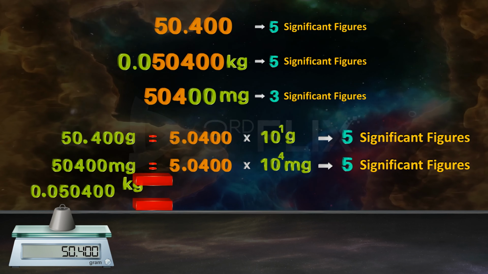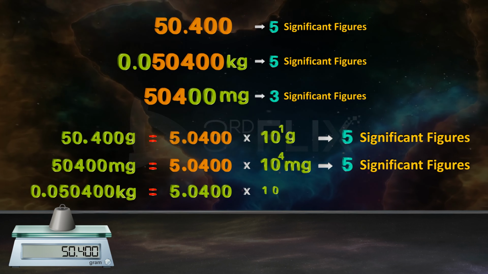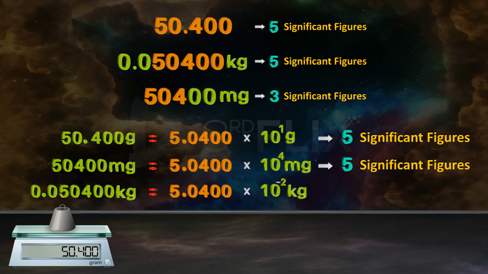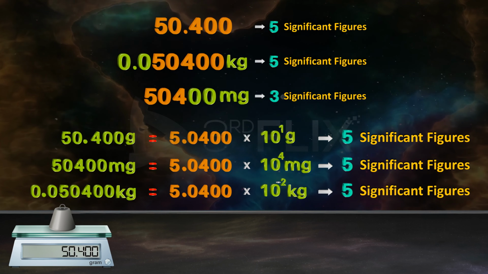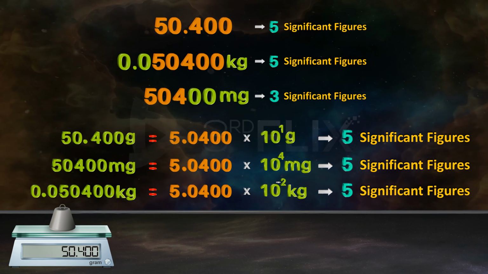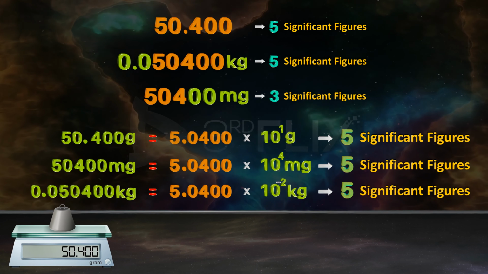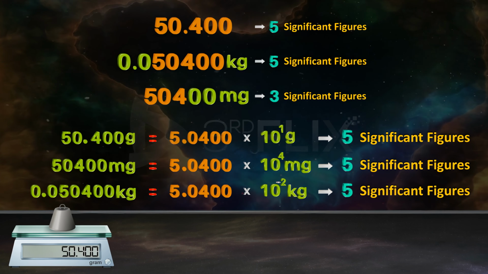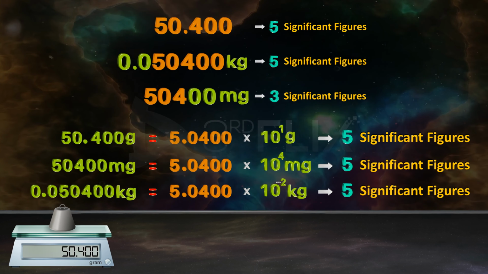In higher order, this is 5.0400 times 10 to the power minus 2 kilograms. We can see that the number of significant figures in all 3 cases remains the same. This way of notation keeps the information about significant digits intact while changing its units.